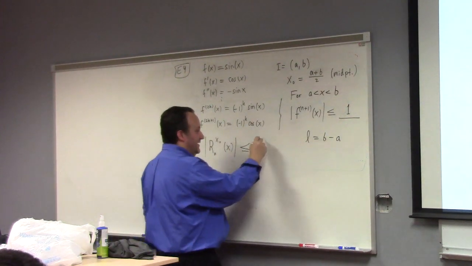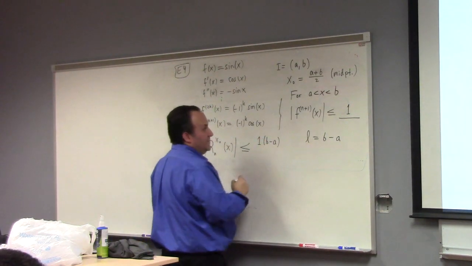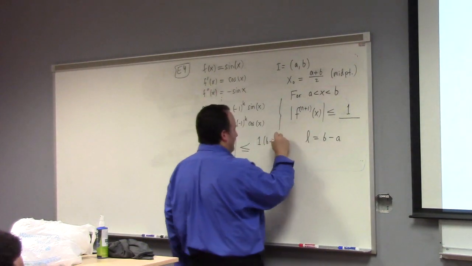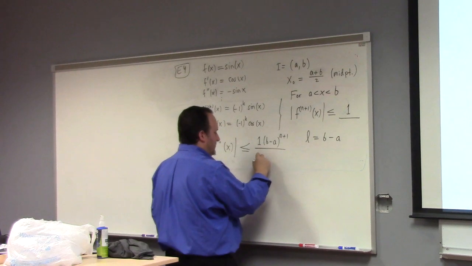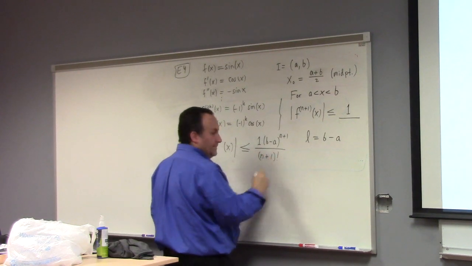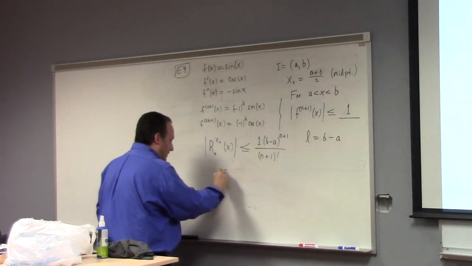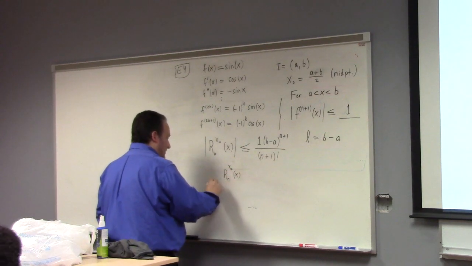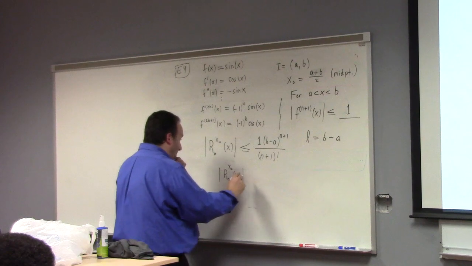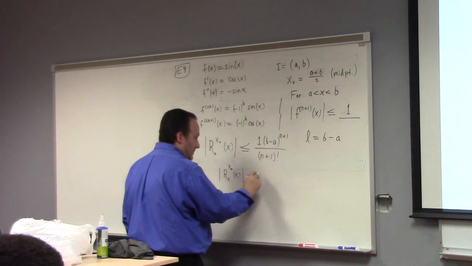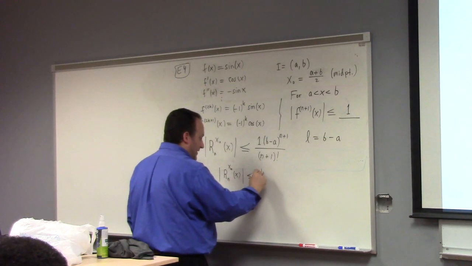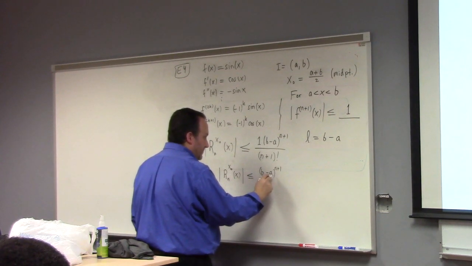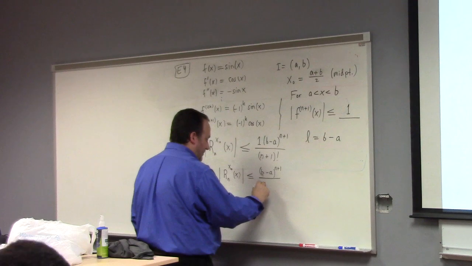So we have b minus a to the what power? N plus 1, and then we divide by n plus 1 factorial, right? So the remainder centered at x naught for the sine series is bounded above by b minus a to the n plus 1, divided by n plus 1 factorial.